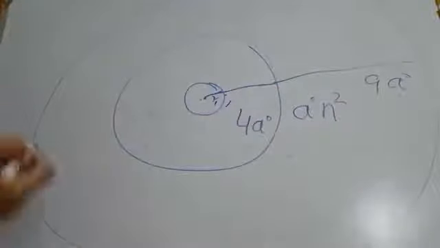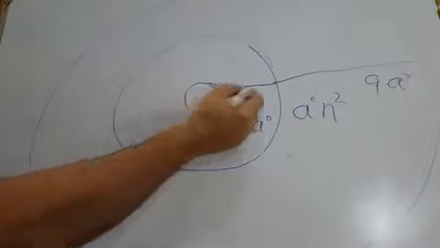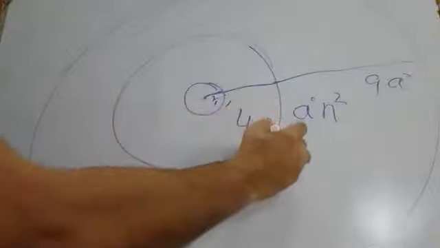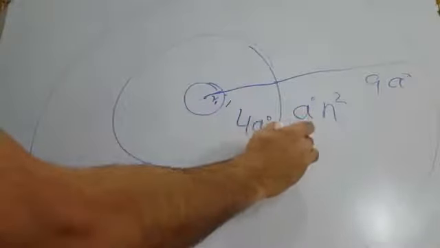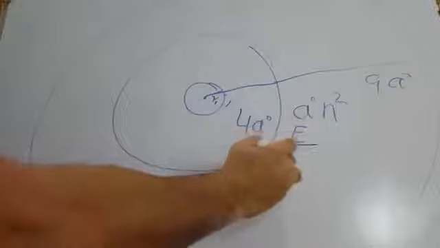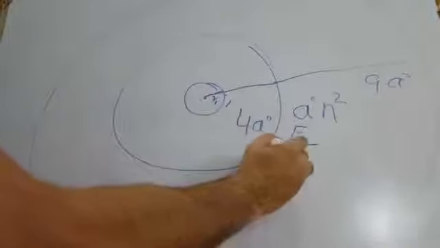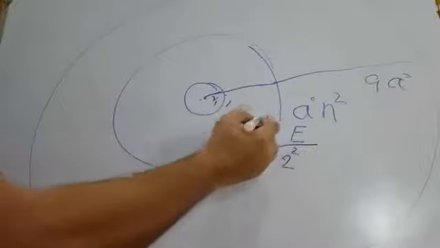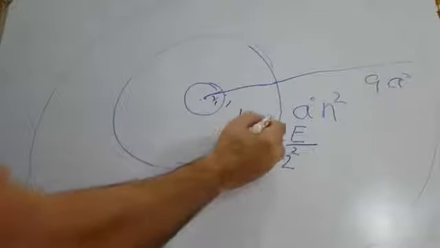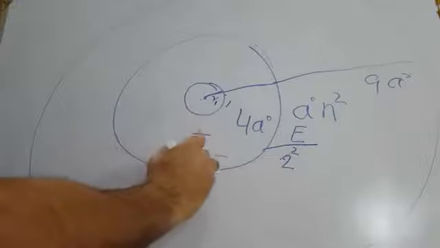Similarly, the energy in the second orbit is the initial energy, that is Rydberg's constant, divided by the square of n. Means if the radius is 4 A0, then the energy becomes 1 upon 4th.